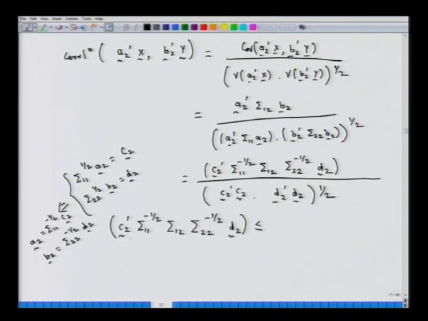that is less than or equal to, we will take this as one vector, say u prime, and this as v.